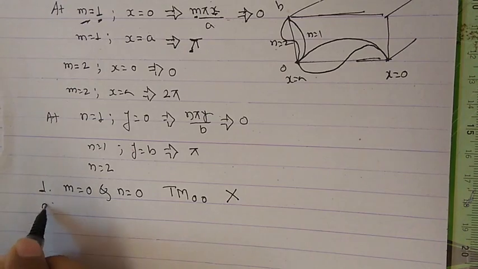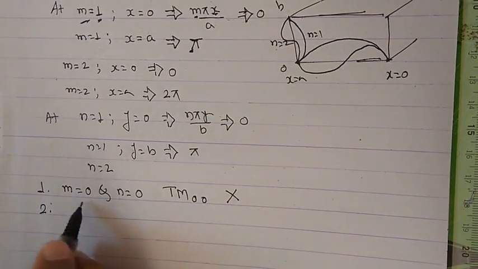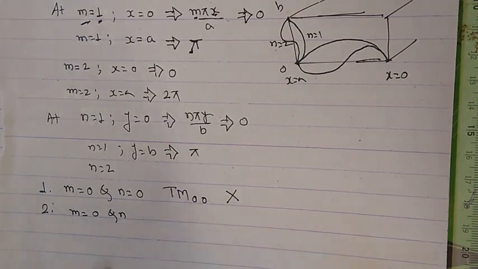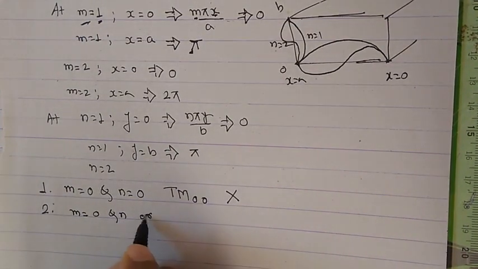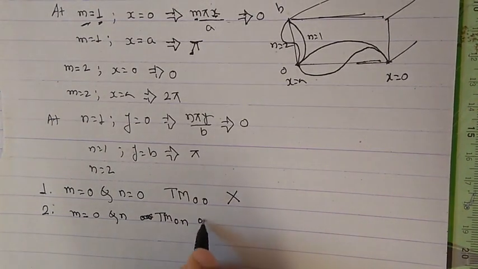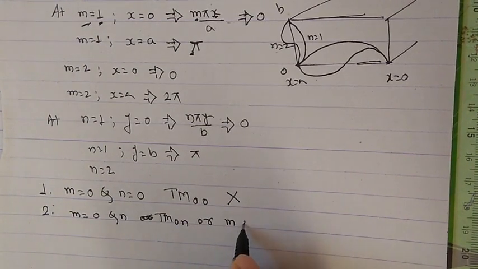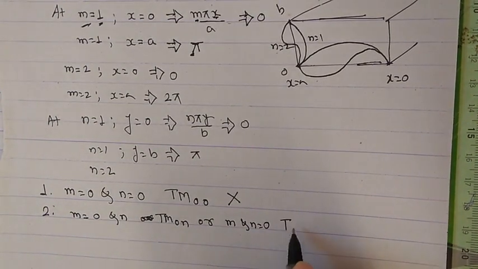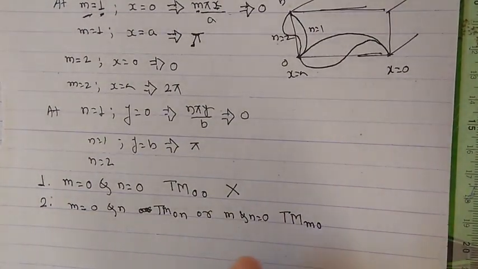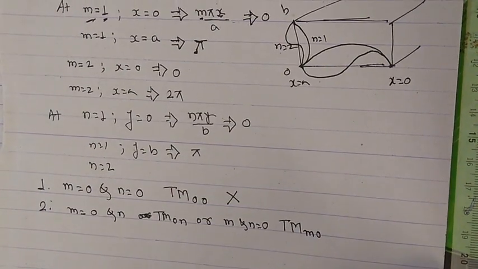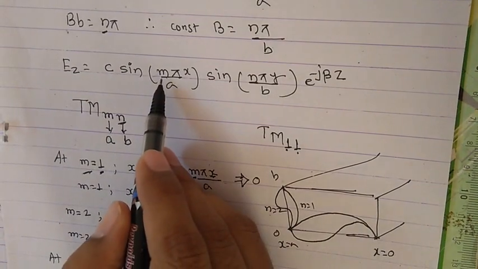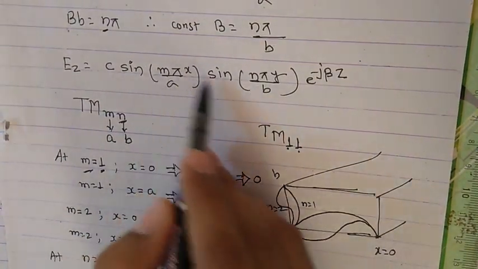Second possibility, either of them is 0. Let us say m is 0 and n is non-zero, that is TM0n mode, or m is non-zero and n is 0, that means TMm0 mode. Either m or n is non-zero and the other will be 0. Again, if either of m or n is 0, then Ez will be 0.